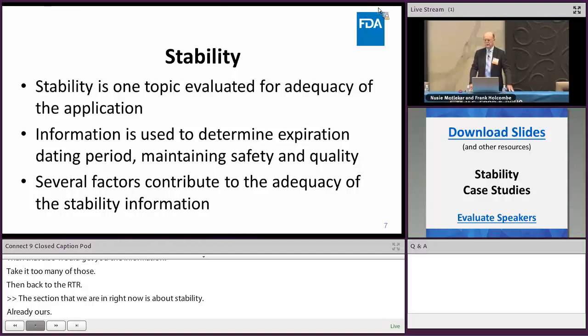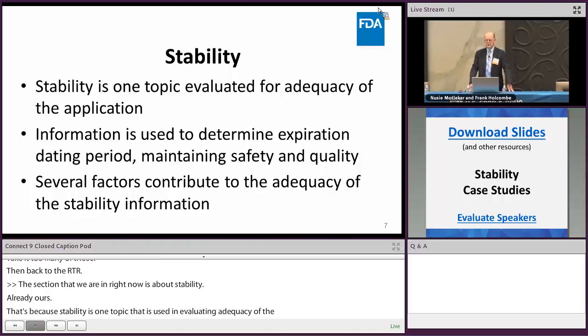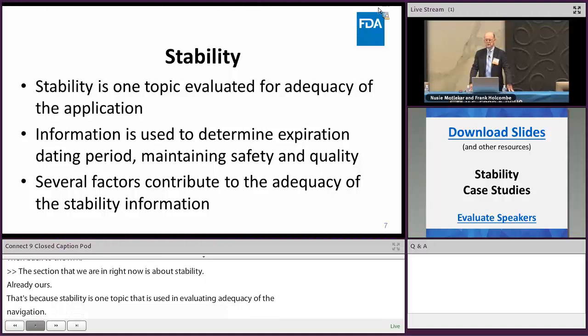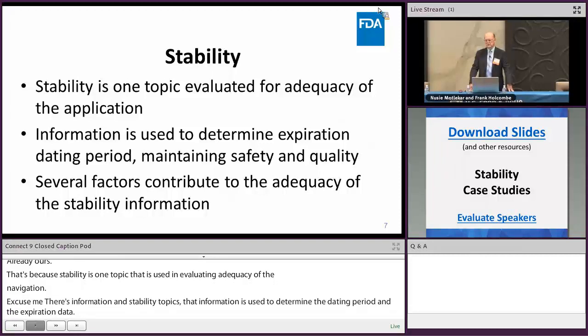There's information in the stability topics. That information is used to determine the expiration dating period. And the expiration dating period is what we use to maintain the safety and quality level in the product once it's out into the marketplace.